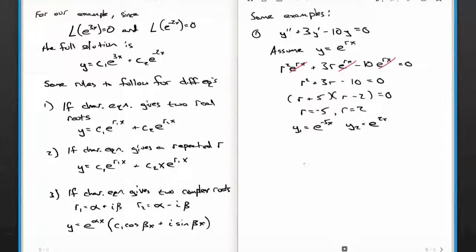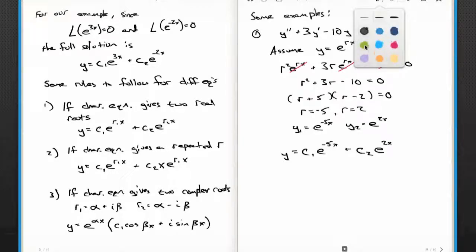But to get the full solution, I've got to write out y equals some constant, because any multiple of these would equal 0. c1 e to the negative 5x plus some constant, any multiple of this one would also work, c2 e to the 2x. And that is the general solution for this particular differential equation.